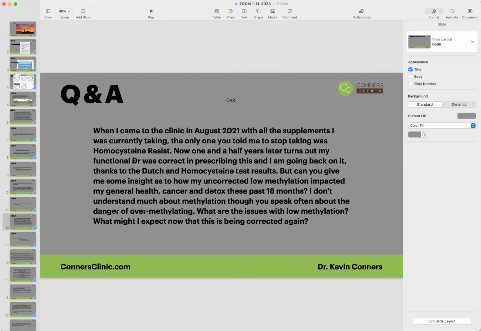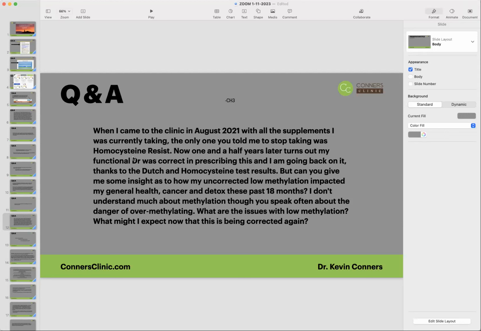Now, different methyl products that you take, like methylcobalamin, which is a methylated B12, or methyl tetrahydrofolate, which is a methylated folate, are methyl donors. Those products donate methyl groups to your cells.